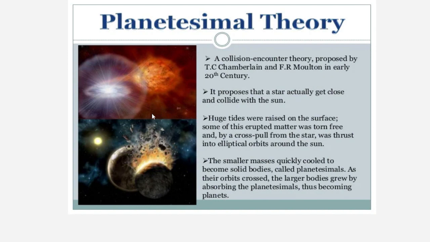Eventually, the planetesimals got large enough to attract bigger bodies that formed into protoplanets and planets. Many collisions between the planetesimals resulted in breaking up the bodies into smaller and smaller bodies.